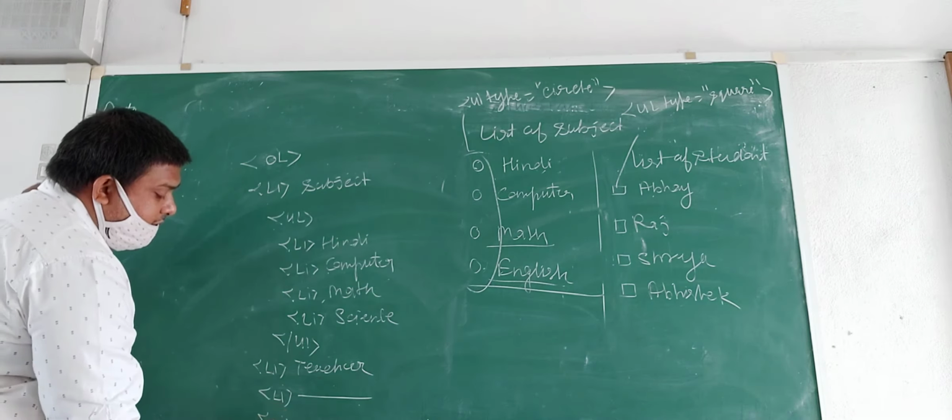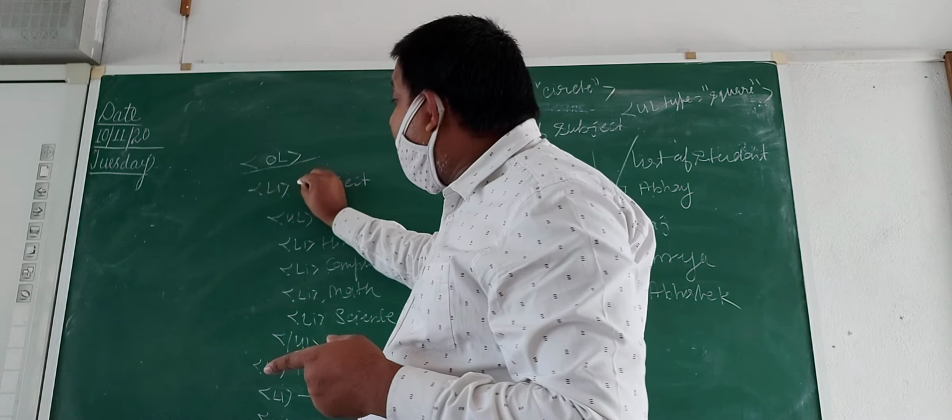So what will be the output of the following lines? Always keep in mind that LI will follow the nearest UL or OL. Nearest means whichever one was opened most recently. So look here. First, what have we opened? LI will follow the nearest open one.